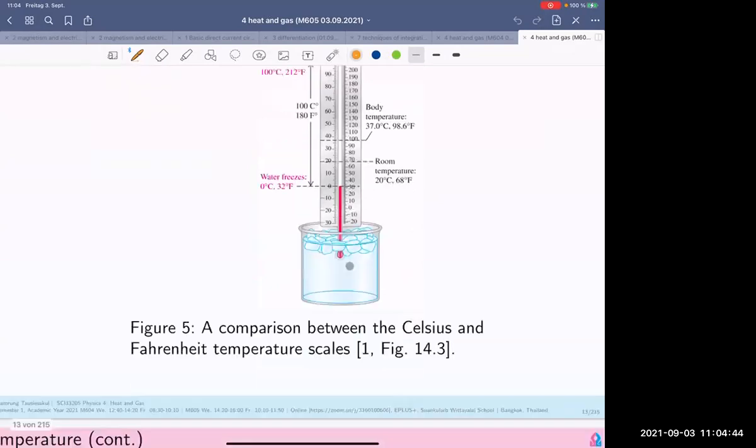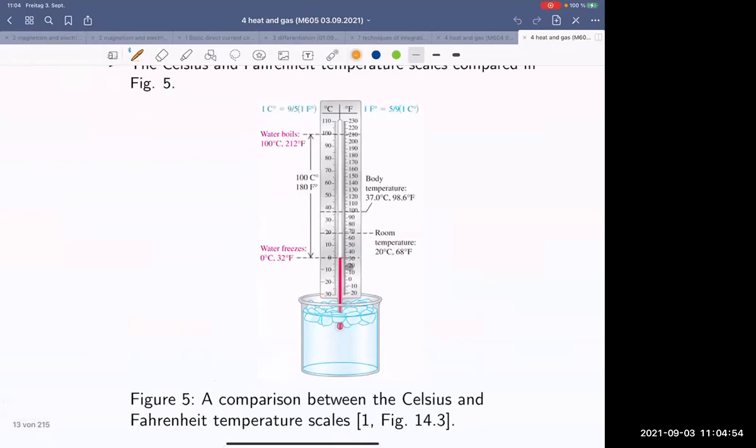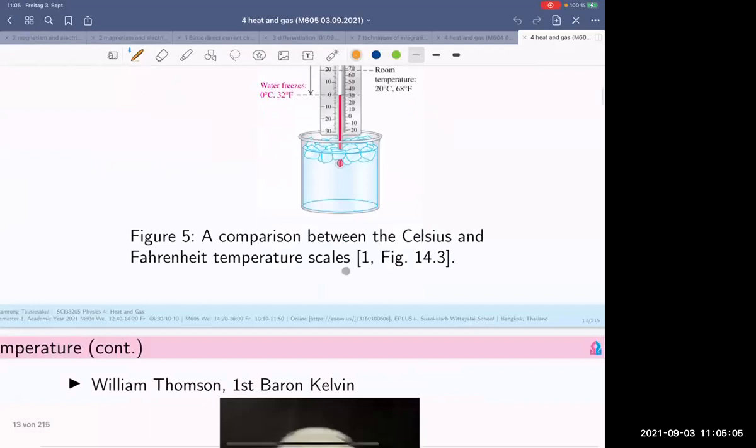Yeah, but those two scales are not the only scales used around the world. In daily life both scales would be sufficient, but if you work in a special area in physics or in many applications in chemistry, you may have to consider the next temperature unit, which is this one.